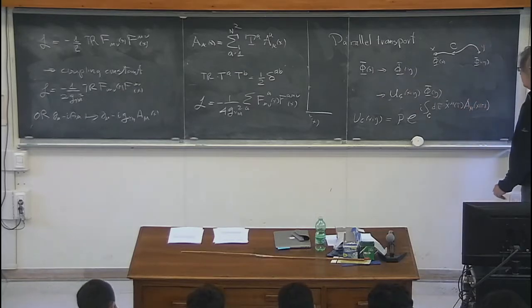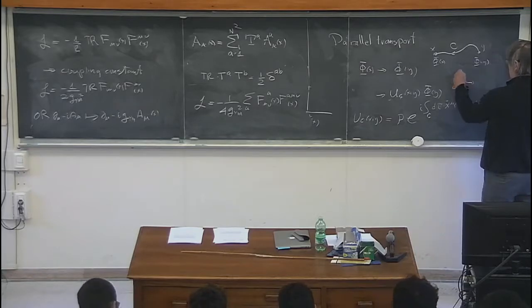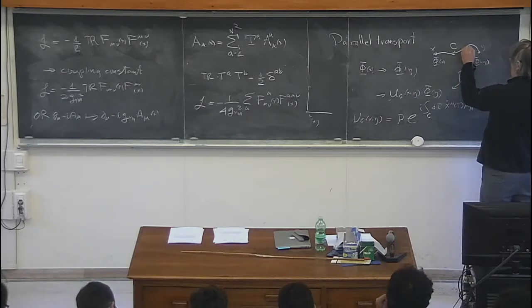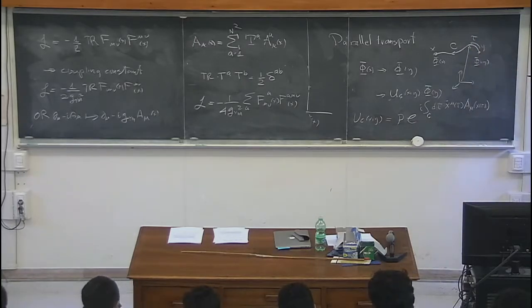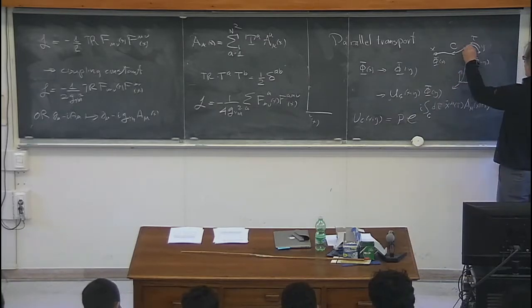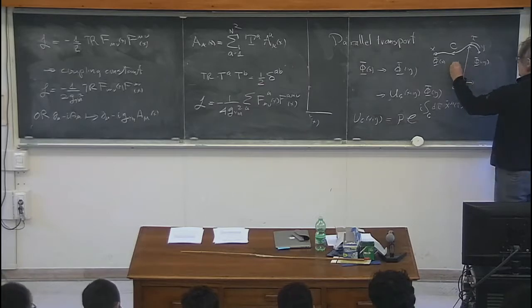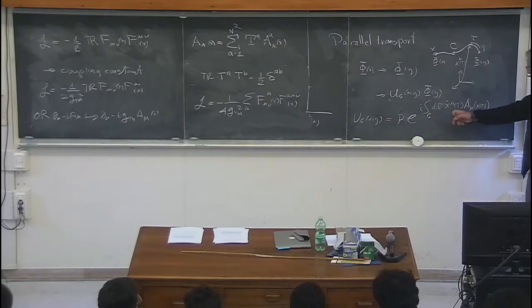So it should look something like this, where in some coordinate system, the progress along the curve is recorded by this curve parameter tau, and the position of the curve for a given tau is given by this trajectory function x mu of tau. Okay? So that's what I mean by this thing.